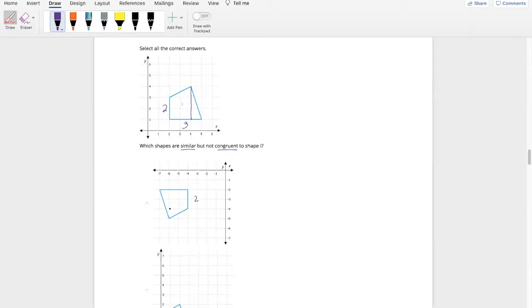The orientation is different, but if I rotated that around, we can see this side would also be 3, and the tallest is also 3. Now this one looks like it's the exact same shape. That means it's congruent. This is asking which one is not. So this one is congruent, so not the one we want. That would be similar and congruent.